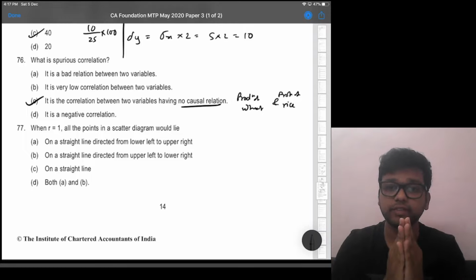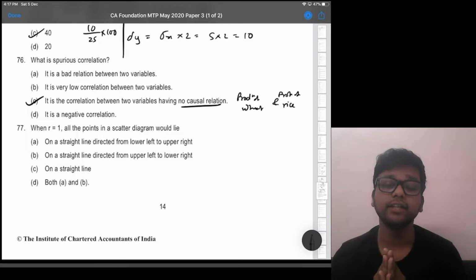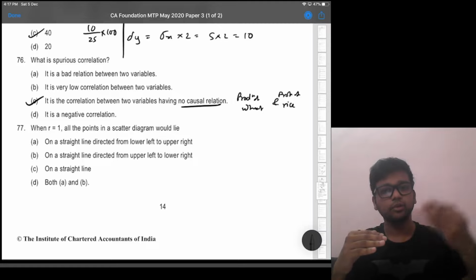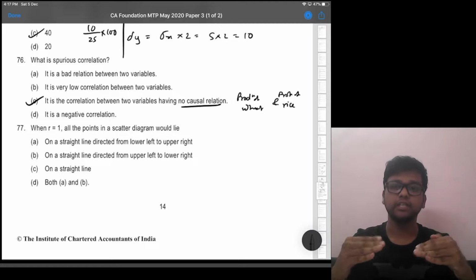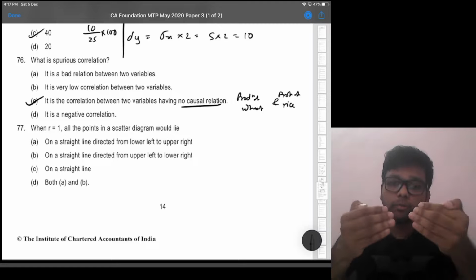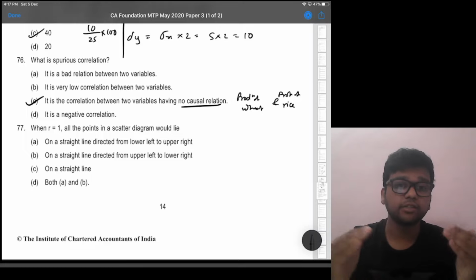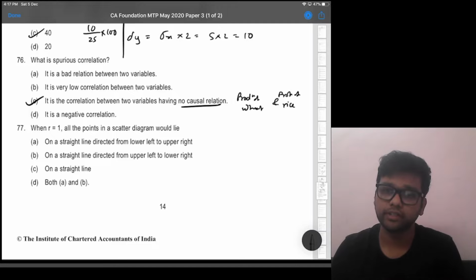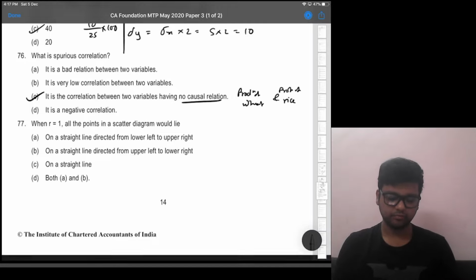But that is not because of their relationship. Why does it happen? Production of wheat will increase because of rainfall and climate conditions. Production of rice will also increase because of rainfall and climate conditions. That is why both of them will increase or both of them will decrease together. But that does not mean they are related with each other or they are dependent on each other. Such correlation is called spurious correlation.